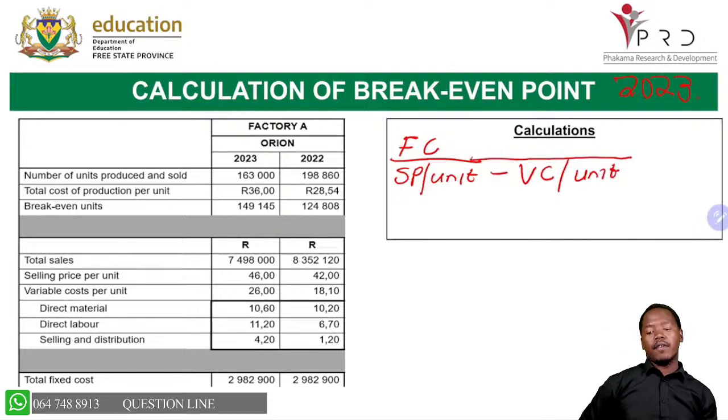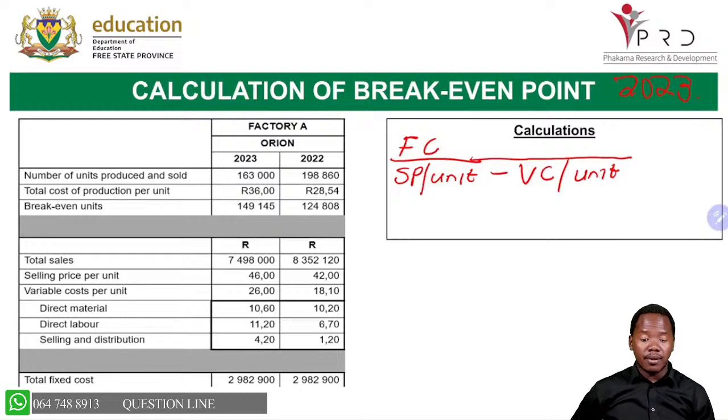This is our formula for break-even point. Can we now use the formula, substitute, calculate our break-even point? We are trying to prove that the break-even point that is there is indeed correct.